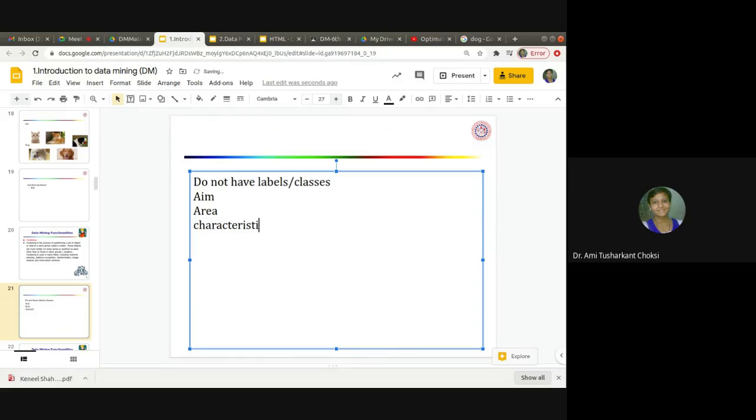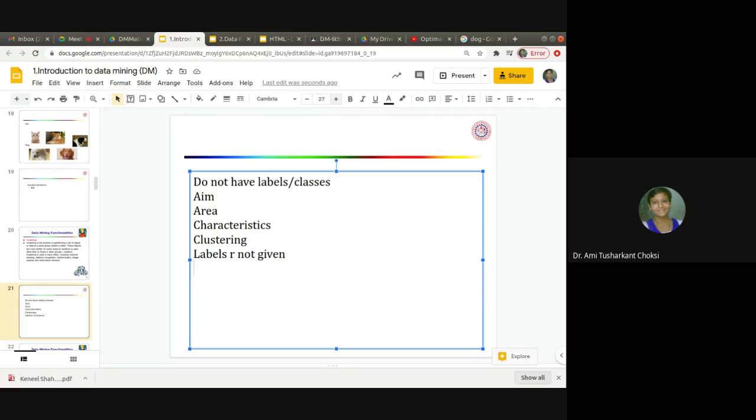So based on that, you are making the group, isn't it? The same concept is used in clustering, right? The labels are not given. Labels are not given, right? Still, you make the group based on your characteristics.